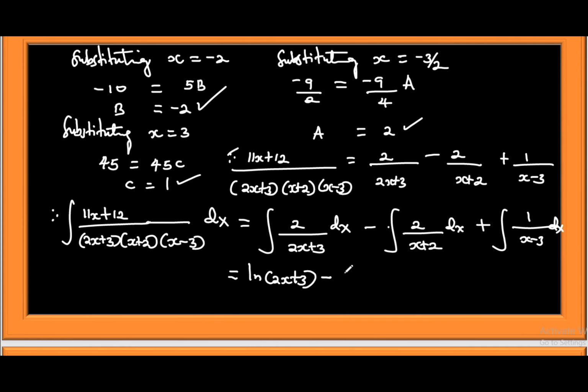The next one, when you pull out the 2, it will be 1 over x plus 2, which is giving you a ln of x plus 2. So it will be 2 ln of x plus 2. And then finally, when you integrate 1 over x minus 3, the answer will be a ln of x minus 3. In this case, ln is just a natural logarithm.